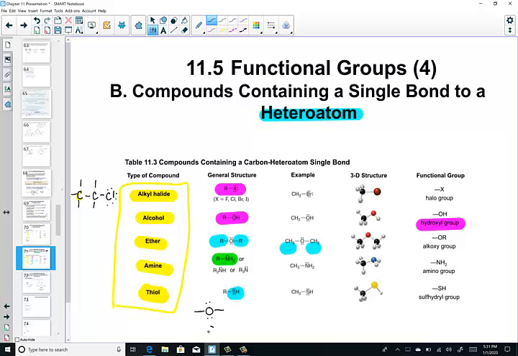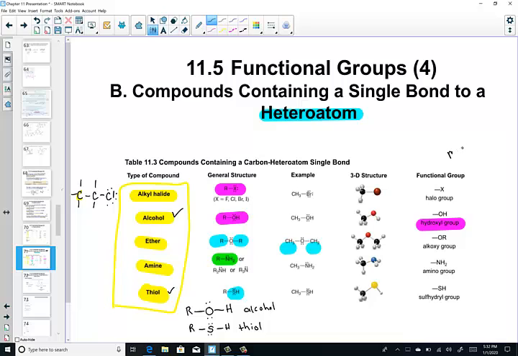Well, sulfur lives right directly underneath oxygen on the periodic table, so it also has 2 sets of dots and 2 bonds. If one of the bonds is to a carbon chain and the other is to a hydrogen, we call this a thiol. If the oxygen is attached to a carbon chain and a hydrogen, we call it an alcohol. So we have a hydroxyl group, an alcohol, and then we have a thiol group with the sulfur hydrogen ending.